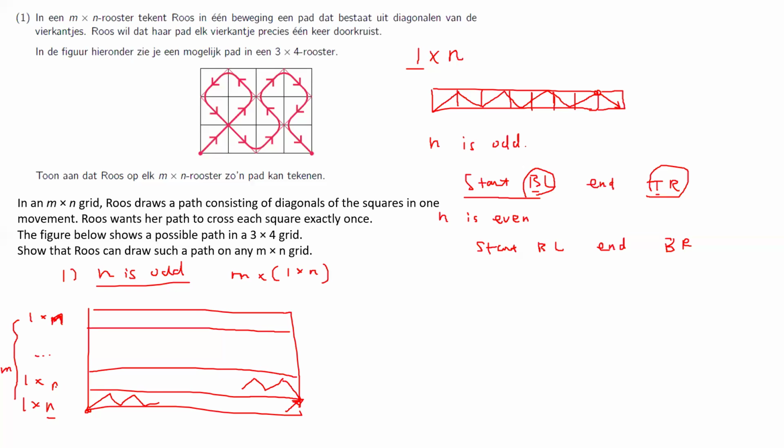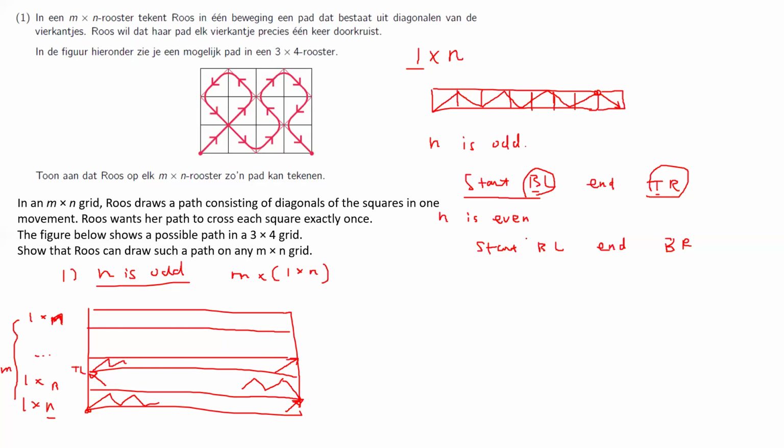Because n is odd, it will end at the top left. And we can do it again, and it will end at the top right.